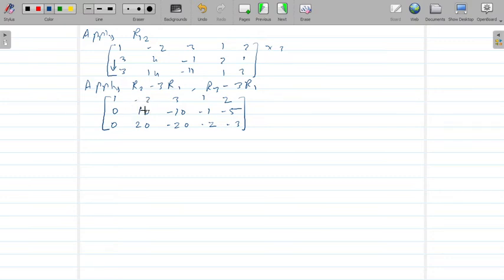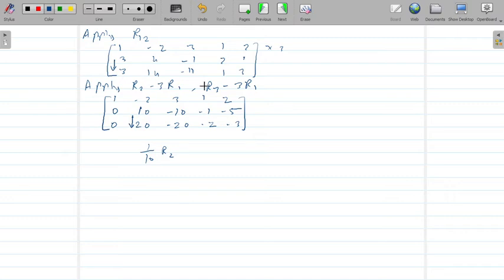Then go to A22. While applying transformations, if it is possible to make A22 equal to 1, then you can apply it. Otherwise, keep it as it is. Our target is to make all entries below A22 equal to 0 by using the R2 row only. Now, if you want, you can apply the transformation 1 upon 10 R2, but here you will get 1, and at another position you will get a fraction, minus 1 by 10.